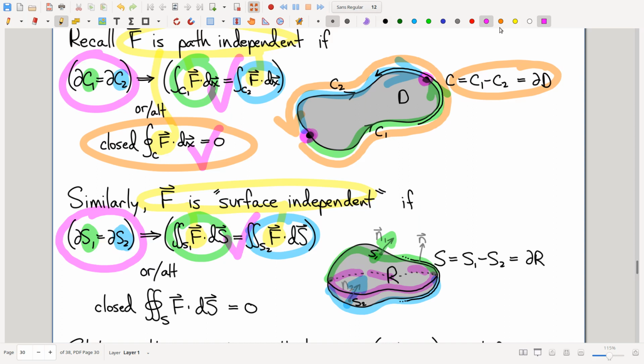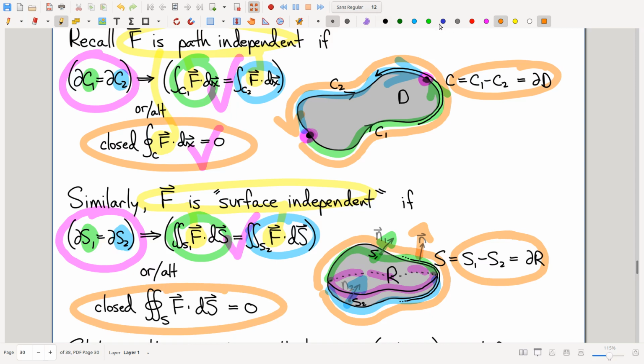And so this oriented difference, S1 minus S2, being the boundary of a solid, being a closed surface, is equivalent, green equals blue is orange equals 0. So the analogies are just off the charts. Everything is analogous. Super strong. All right, so this is what surface independence is.